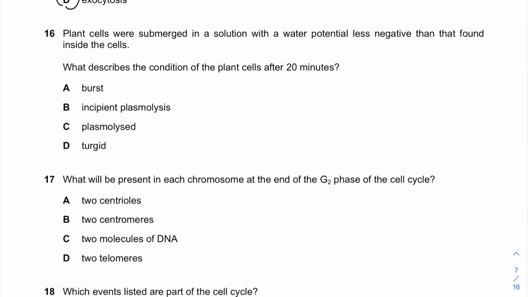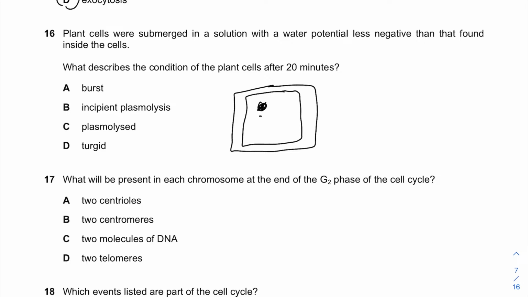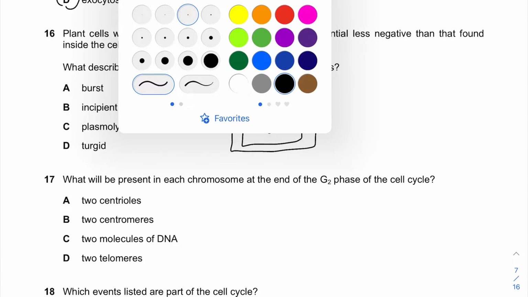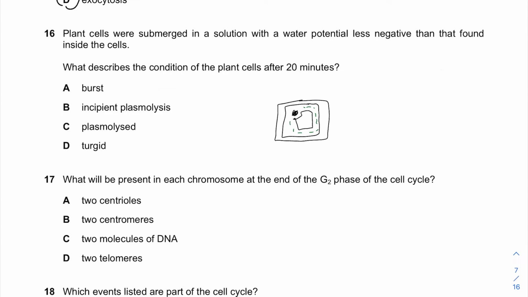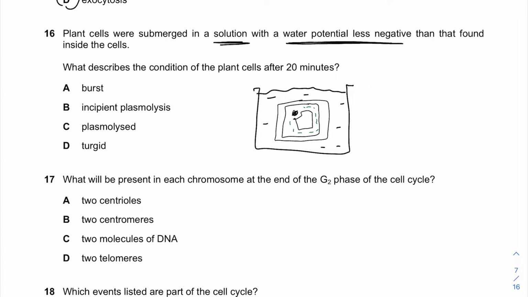Number 16. Plant cells were submerged in a solution with a water potential. Okay, in a solution. So the solution has a water potential less negative than found inside the cell. So the question says that the solution has a water potential less negative.